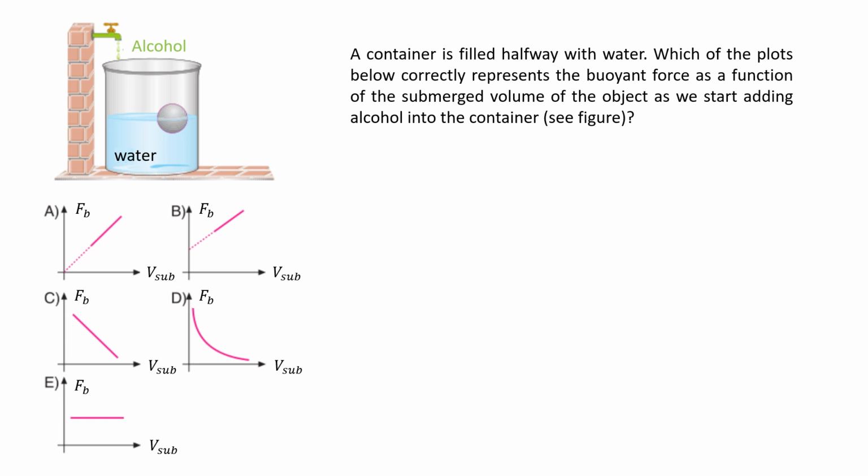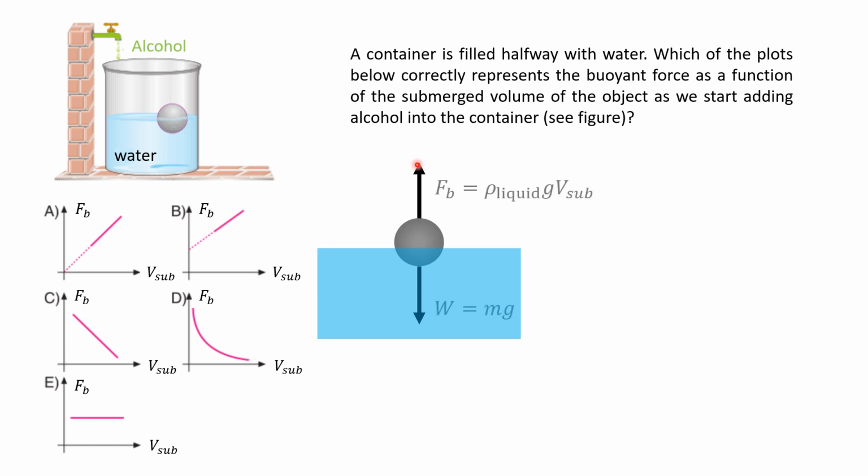Well, to address this, let's draw all the forces that are present here. First of all, let's draw the object, right? So you have object, you have a weight pulling it down, and you have a buoyant force pushing it up. So what's buoyant force and weight? Well, buoyant force is given by the following equation, which is density of the liquid times gravitational acceleration times the submerged volume.